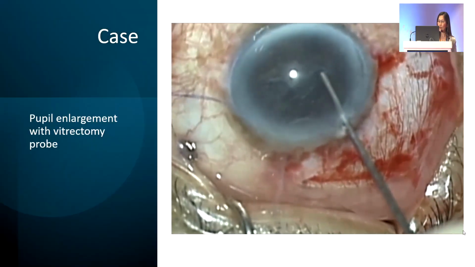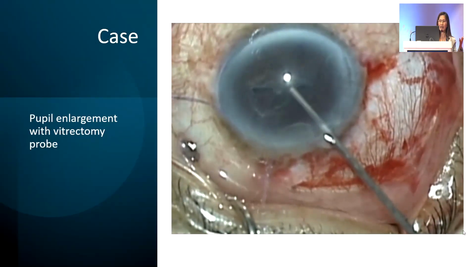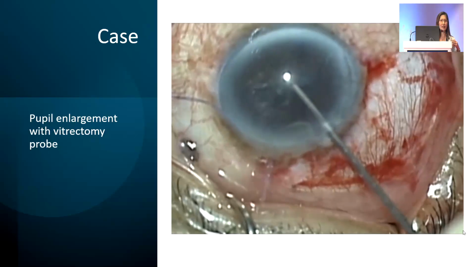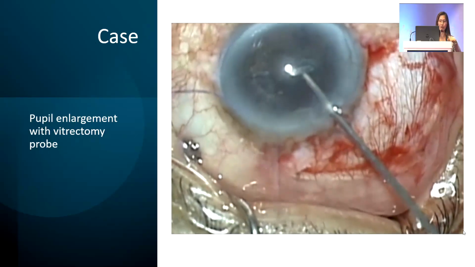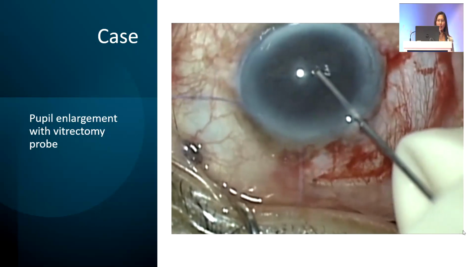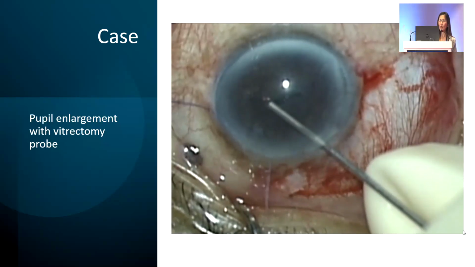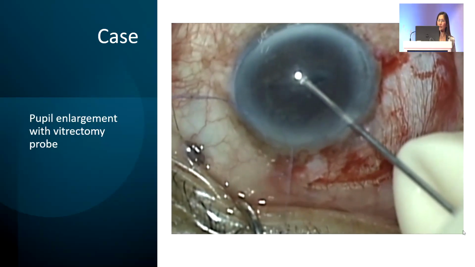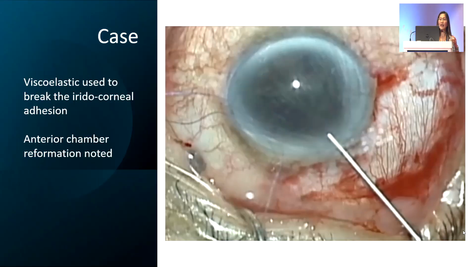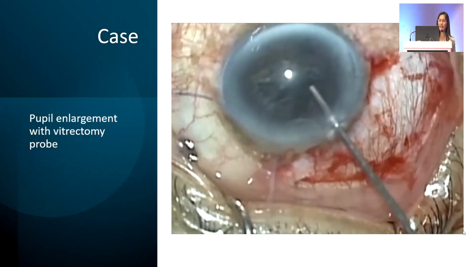Egress of fluid was noted, and the eye softened after the escape of fluid through the opening. After we softened the eye, there was a permanent corneal iris adhesion, so we used viscoelastic to break that adhesion.